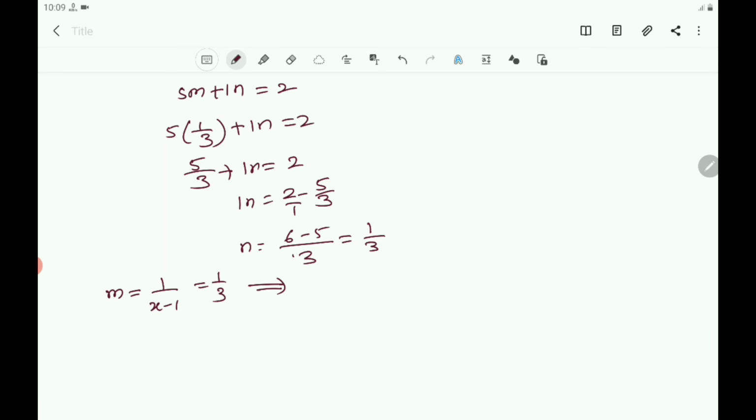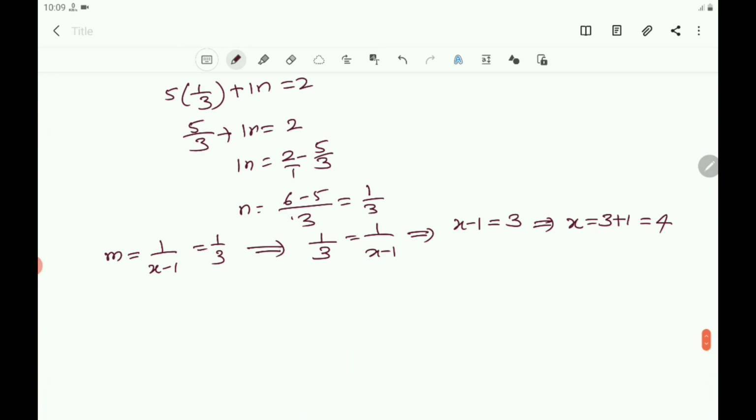That implies 1 by 3 is equal to 1 by x minus 1. So you do the cross multiplication, that is x minus 1 is equal to 3. Then it implies x is equal to 3 plus 1 is equal to 4.